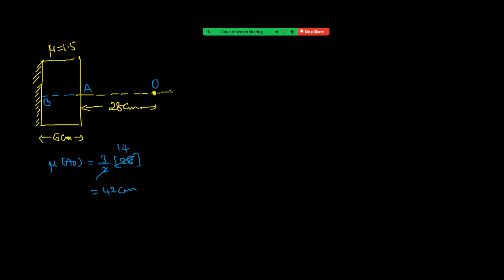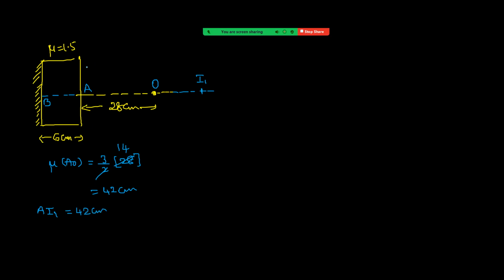For this face, this is the object. For this object, the image will be at a distance 42 centimeter from this face. Let us take it as I1, image 1. So I can write here the distance AI1 is 42.